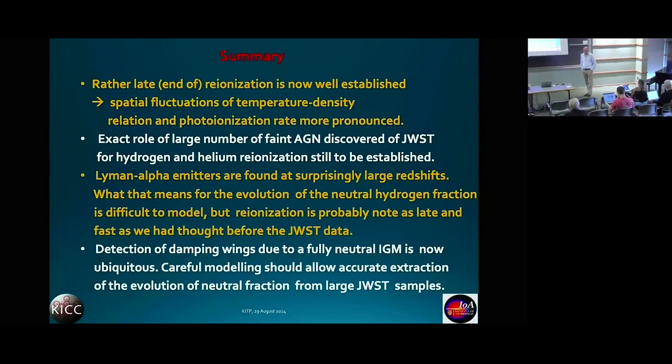Concerning the escape of Lyman-alpha from these high redshift galaxies, clearly you showed that this is very hard, and you suggested perhaps that the mergers can have a role. What about the outflows? No, the mergers and the outflows go together. I think it's not the merger itself that triggers the escape.